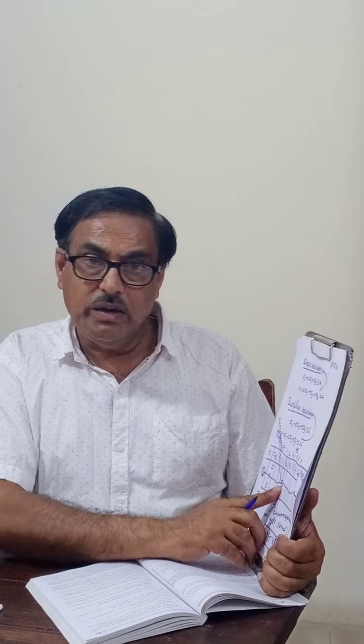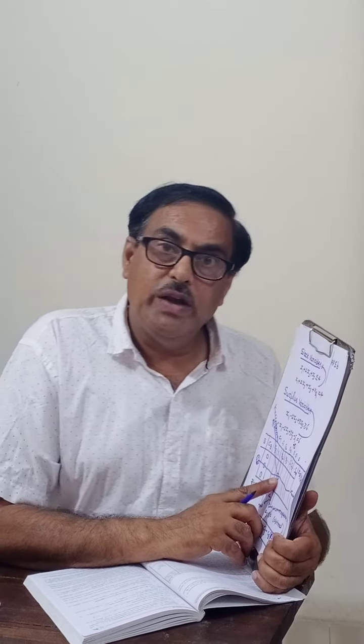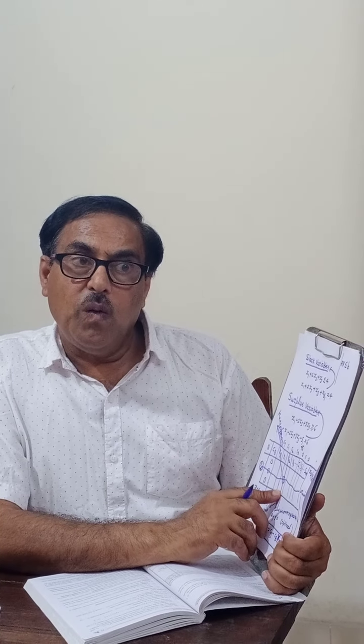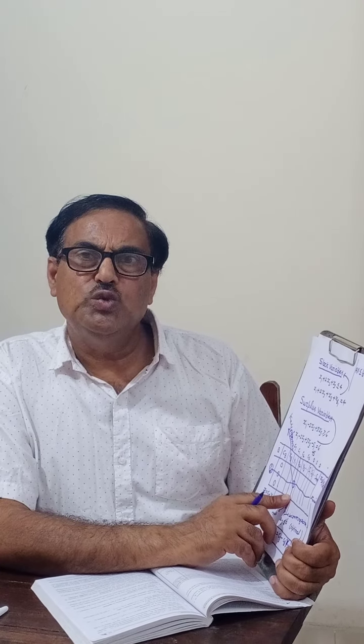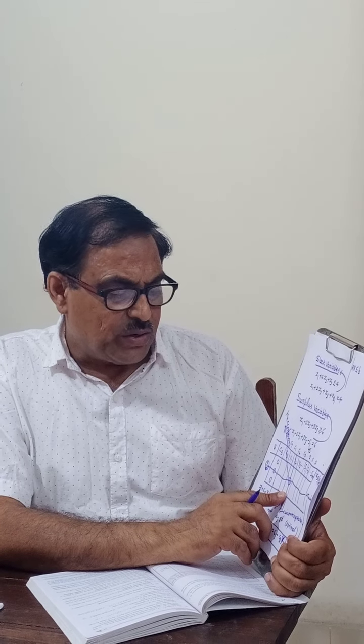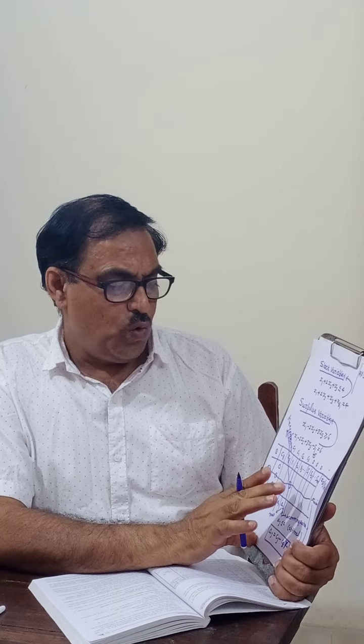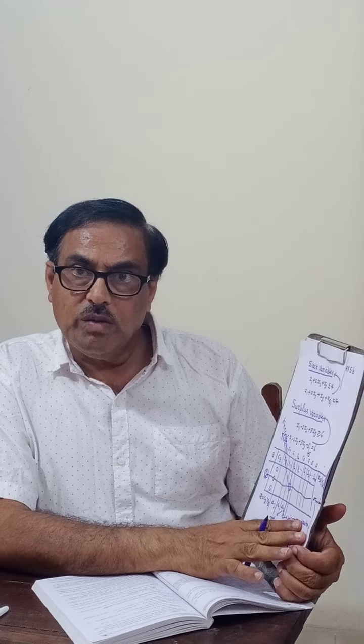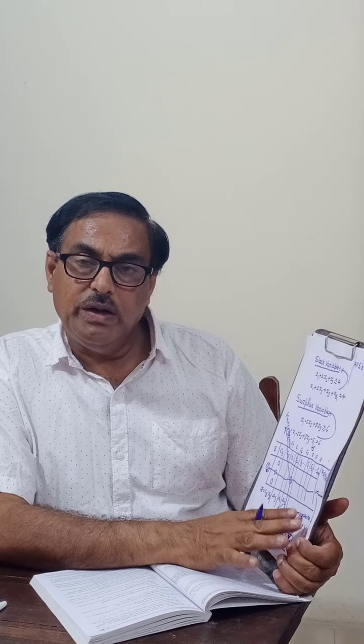Now we convert the key element to unity and the other elements of that column to 0 by the operations usually used in matrices. So the first simplex table is complete.